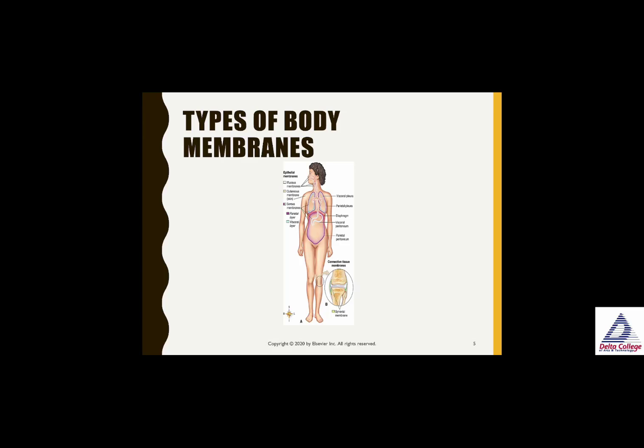We can also see where we have a visceral pleura, parietal pleura. You can see where the diaphragm is, which is that muscle that goes from the thorax and the abdomen, splits it in half. And then we have visceral peritoneum, parietal peritoneum, and you can see the synovial membranes. That's the connective tissue in joints.